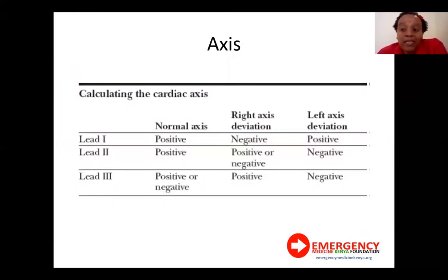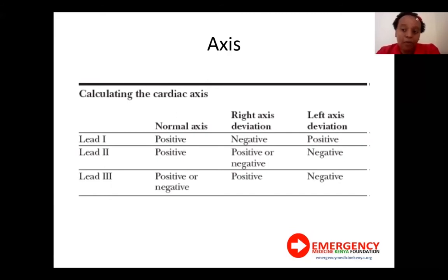Now we want to look at the cardiac axis. The most important thing to know about the cardiac axis is that it is the path followed by the electroconductivity in the heart, and how you're able to know whether the heart is turning to the right.